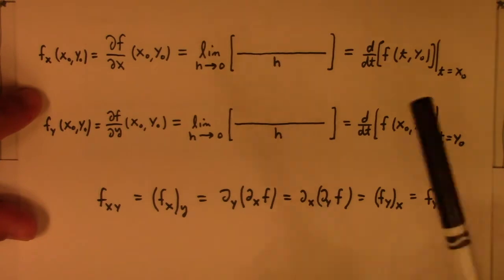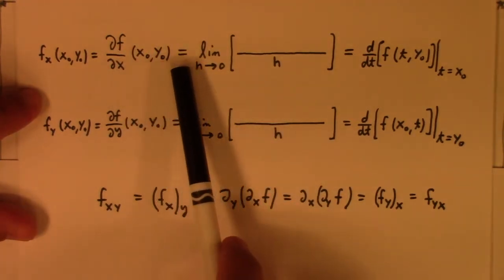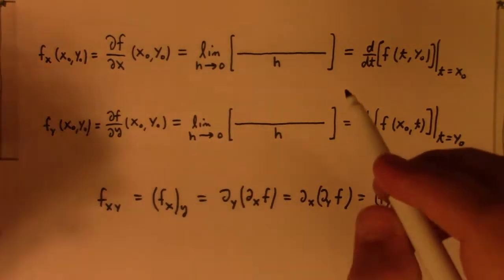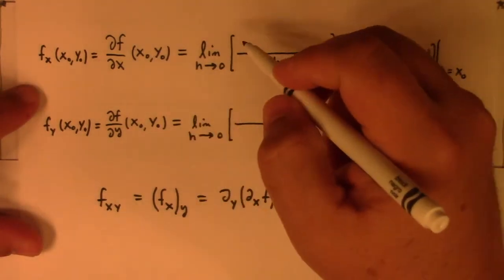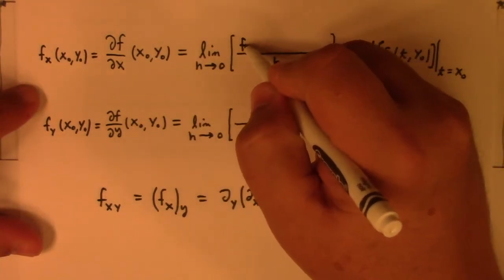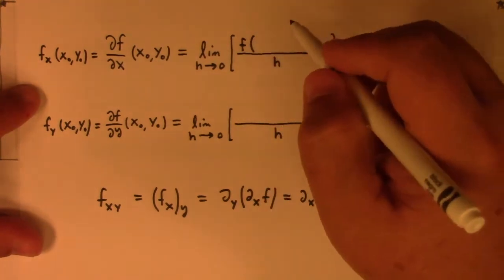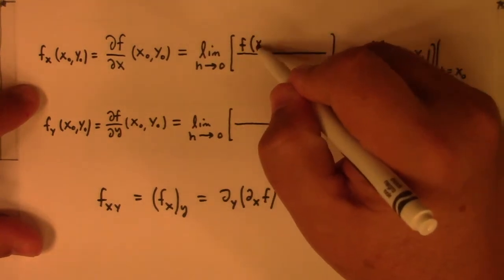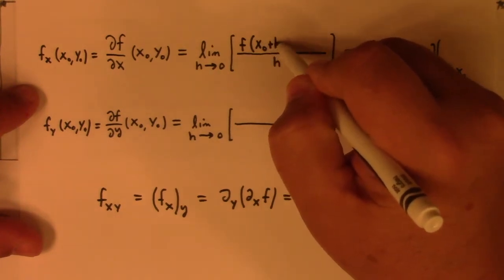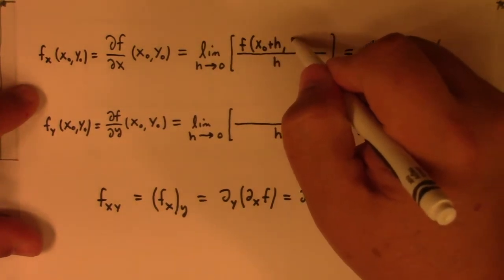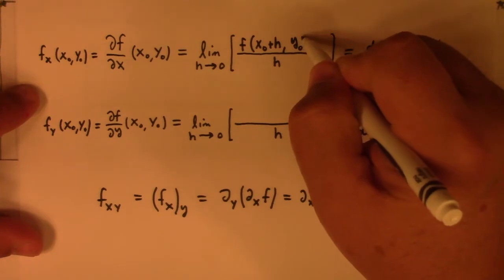And so partial f partial x at x naught y naught. What that is, we take the limit, and so the way it works is basically we let the x component vary, and we leave the y component alone.